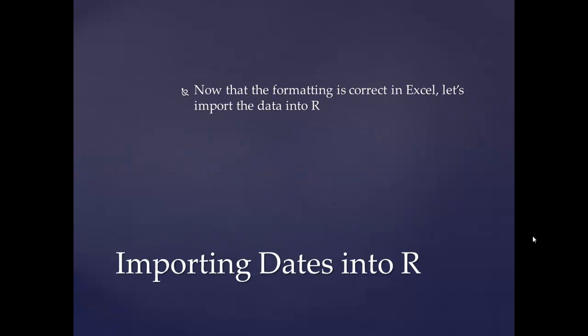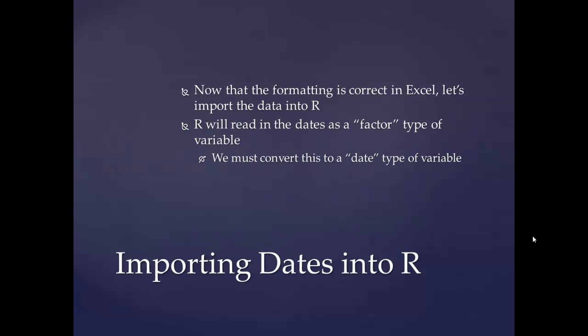Okay, so now we have the formatting correct in Excel, and we've saved it as a comma delimited file, which we're going to import into R. So we've got half the battle won. Now, when we read those dates in, R is going to treat them as a factor type of variable or a factor type of vector.